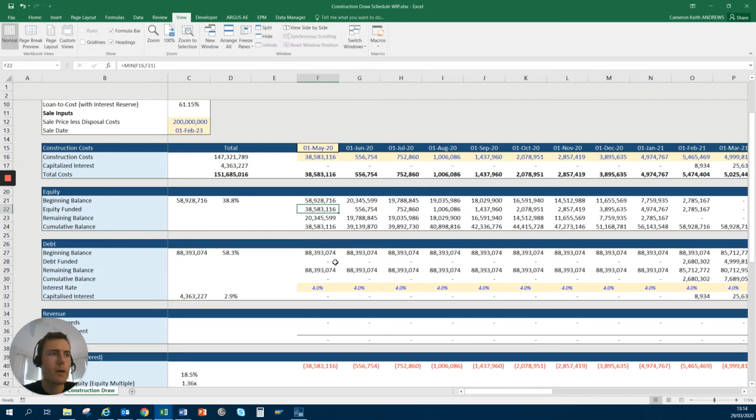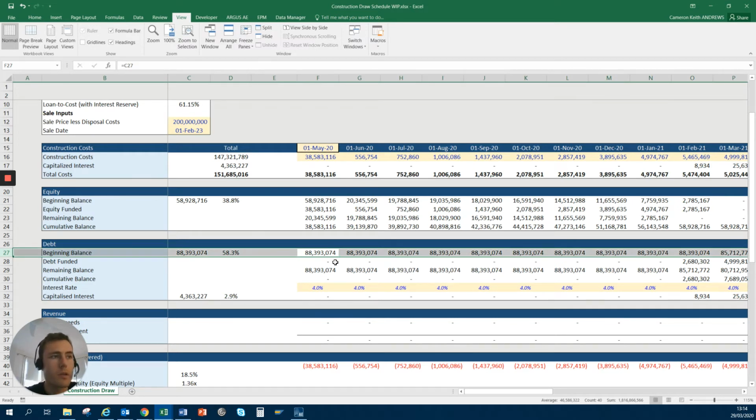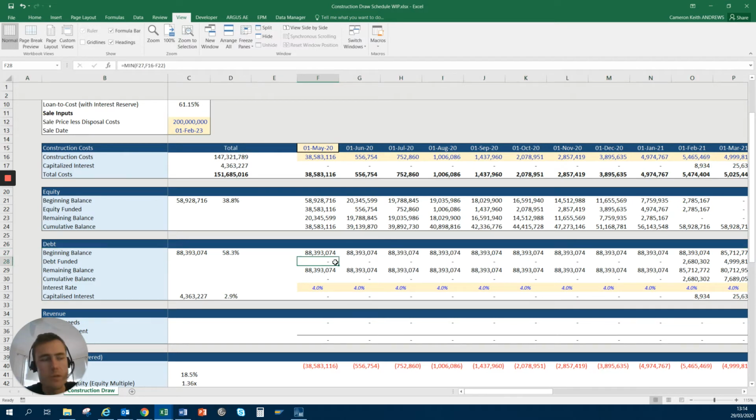After the equity has been looked at, we then get into your debt balance. The debt balance is before we factor in the considerations for the capitalized interest. You've got your beginning balance, and you've got the actual debt funded, which again isn't going to kick in until about a year down in this particular development.